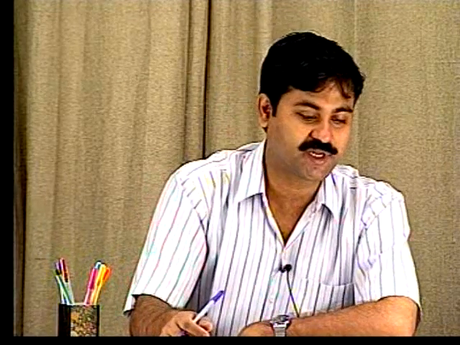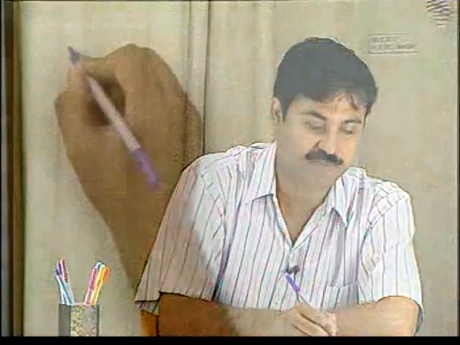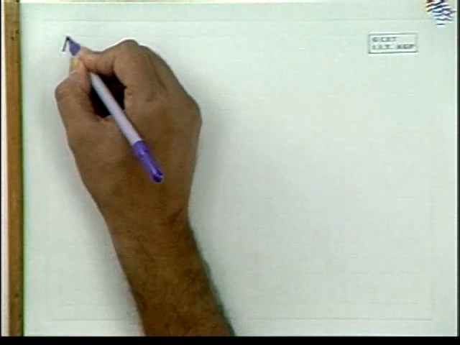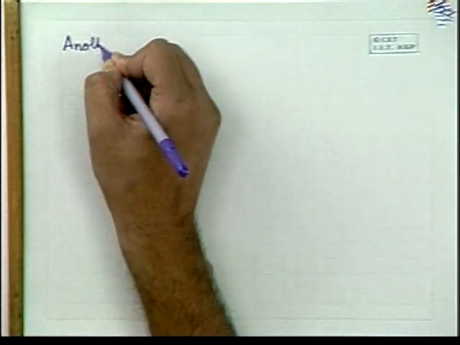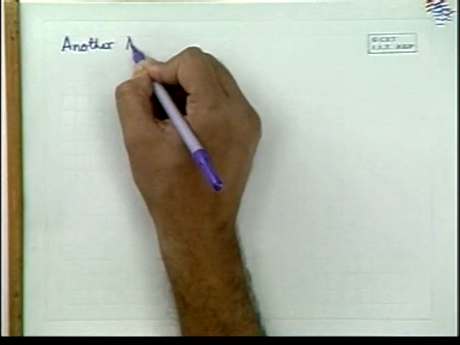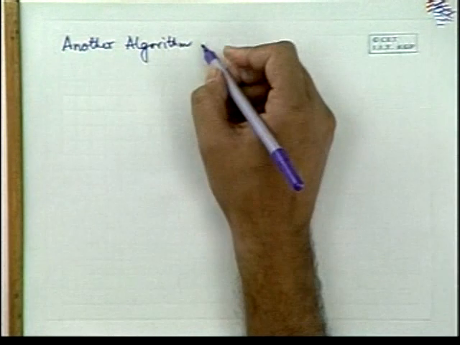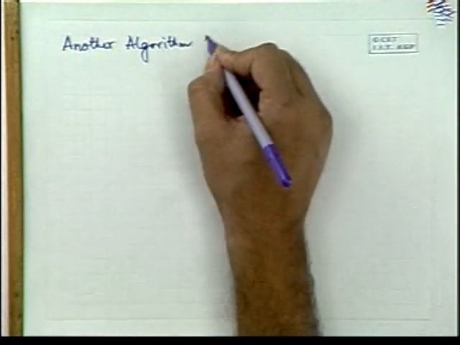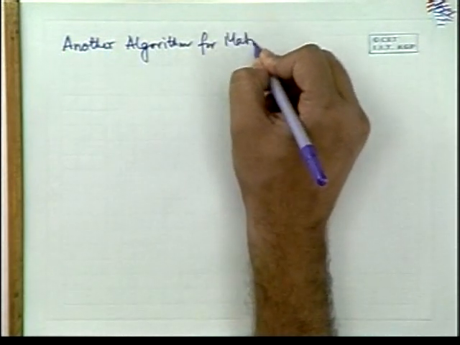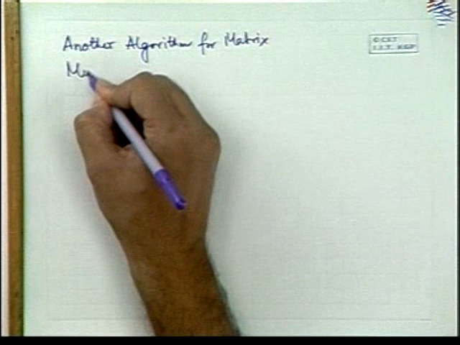So let me first tell you a different method for matrix multiplication. So this is another algorithm for matrix multiplication. I am assuming that you are familiar with the usual matrix multiplication algorithm.